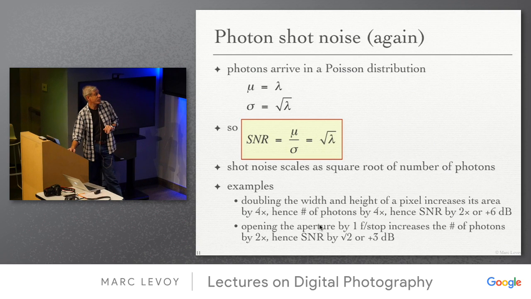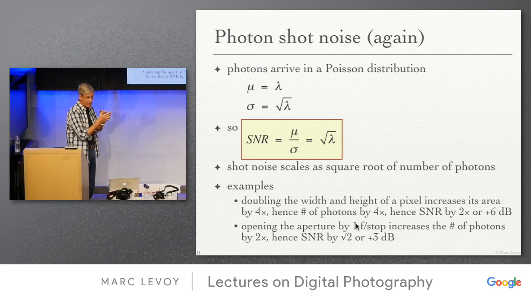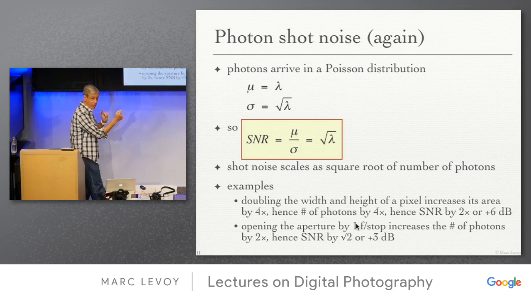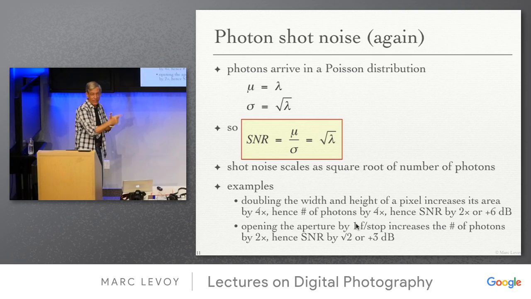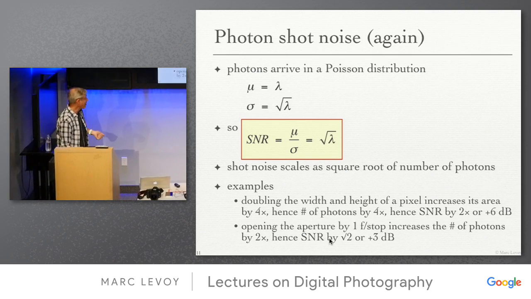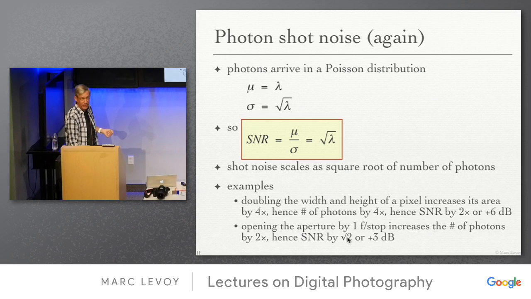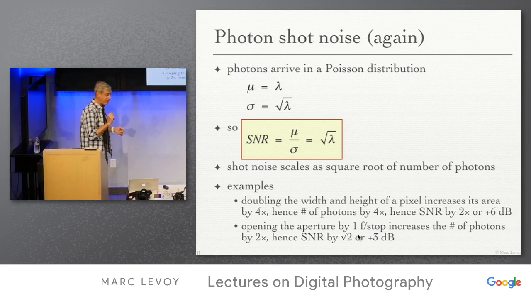Or if we open the aperture by 1 f-stop, so remember f-stops are a square root scale, we're increasing the diameter by a square root of 2 factor. That increases the area by a factor of 2, hence the signal-to-noise ratio by the square root of that, which is the square root of 2. So here's the effect on your image of having bigger pixels or a lower f number.